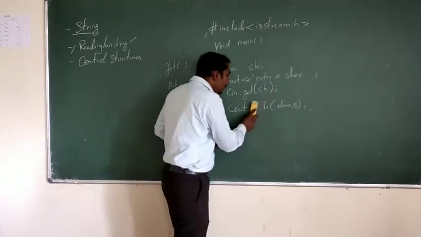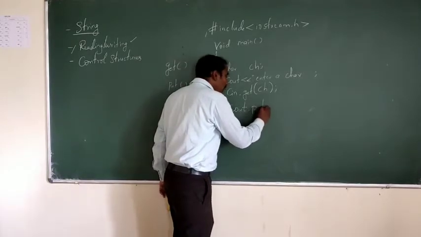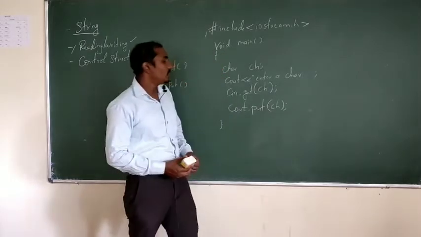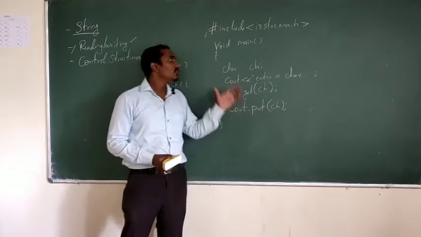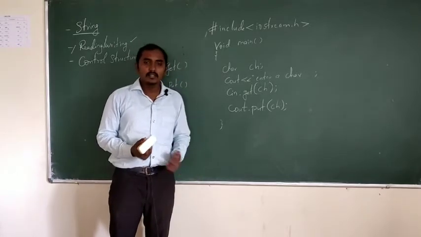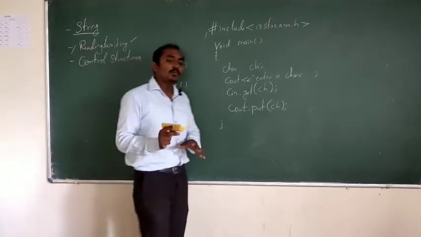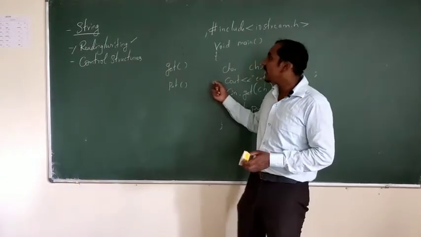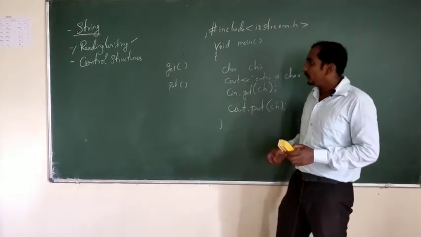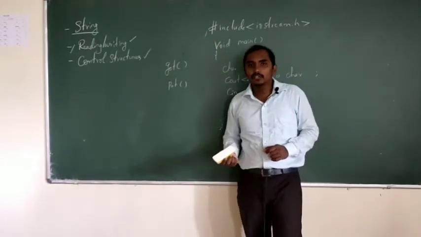Again, to print the character we have read, I will be writing cout.put, and the variable that we want to print is ch. So this is how we can read a single character and print a single character using these two functions, get as well as put. Hope these two programs are clear about how to read characters, that is a string as well as a single character. Now at last, in today's session we will be discussing the control structures.